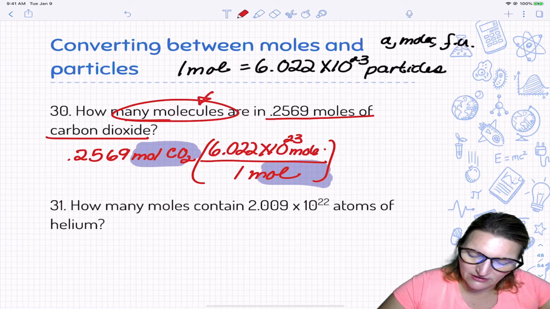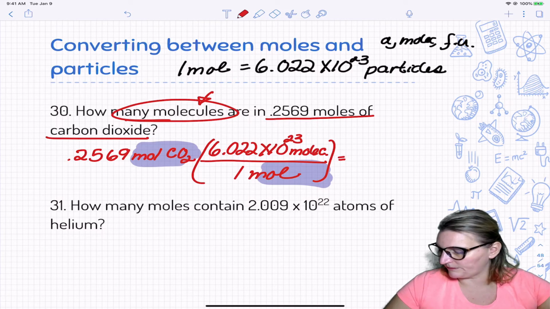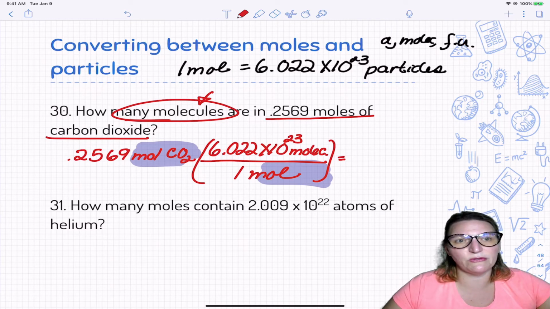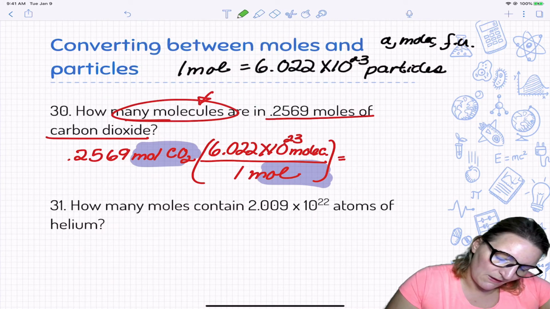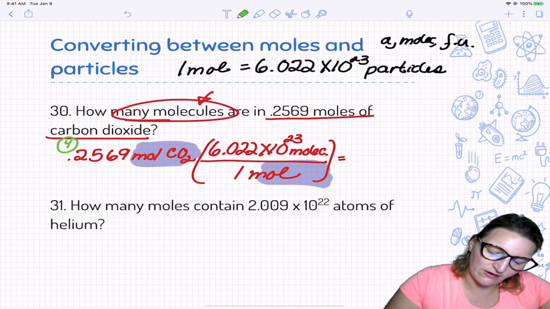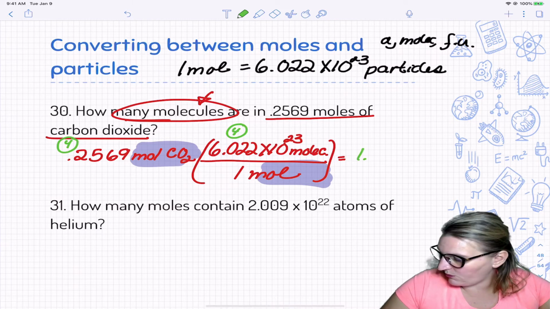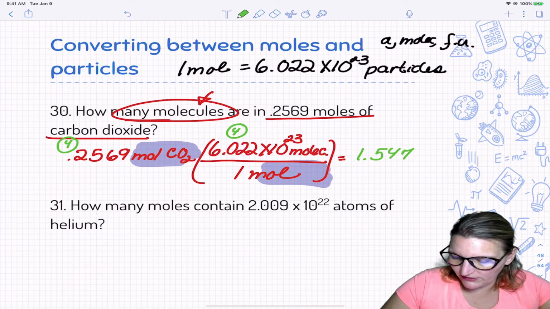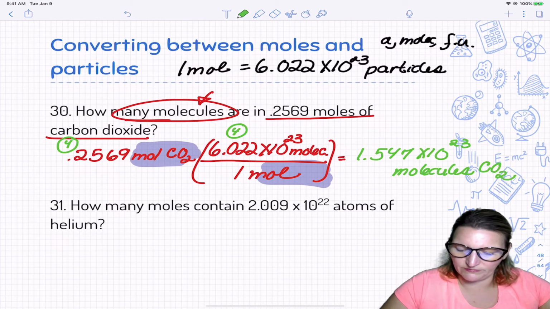Carbon dioxide exists as a molecule, so we'll put it as molecules. Now I multiply those two numbers together, and how many significant figures this time? 0.2569 has 4, 6.022 has 4, so my answer should have 4. So 1.547 times 10 to the positive 23, and that will be molecules of carbon dioxide.